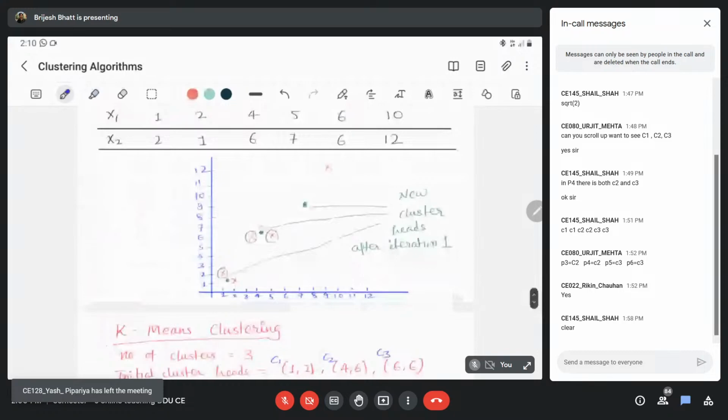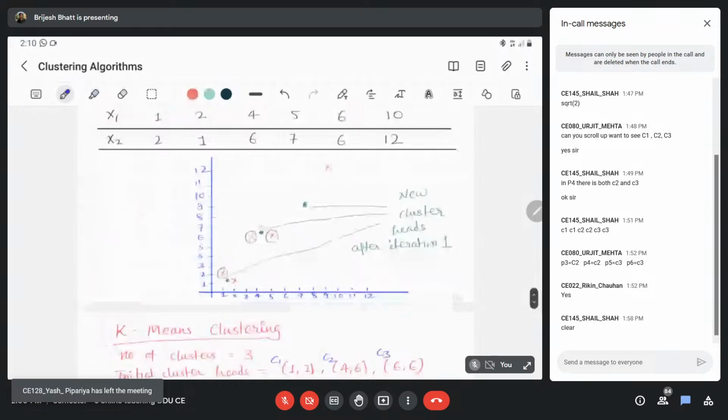So C1 remains the same. C2 is now changed. It is the average of 3 points, P3, P4, and P5.